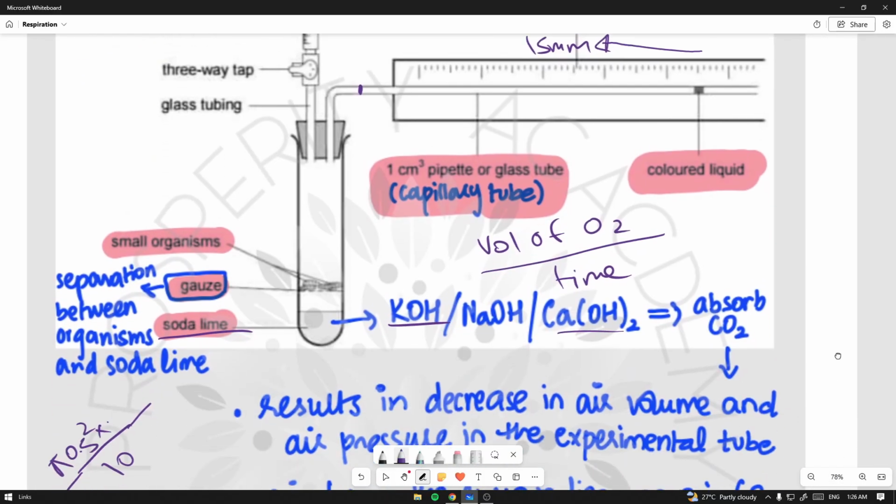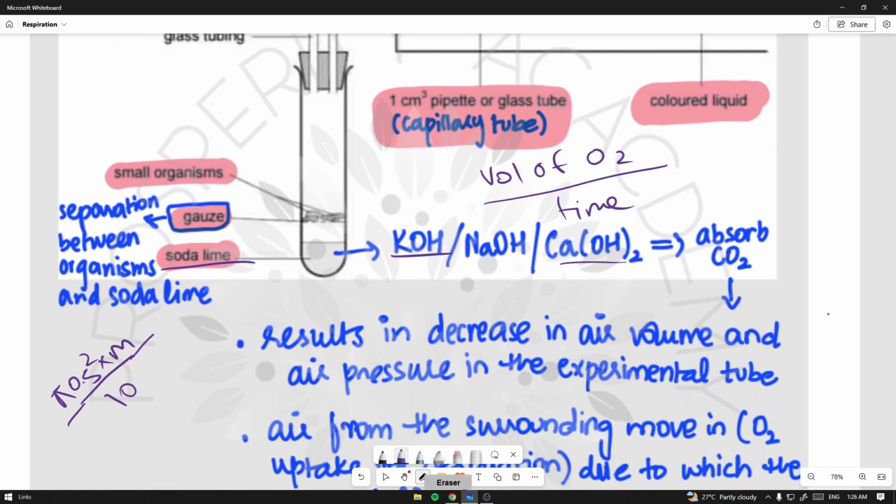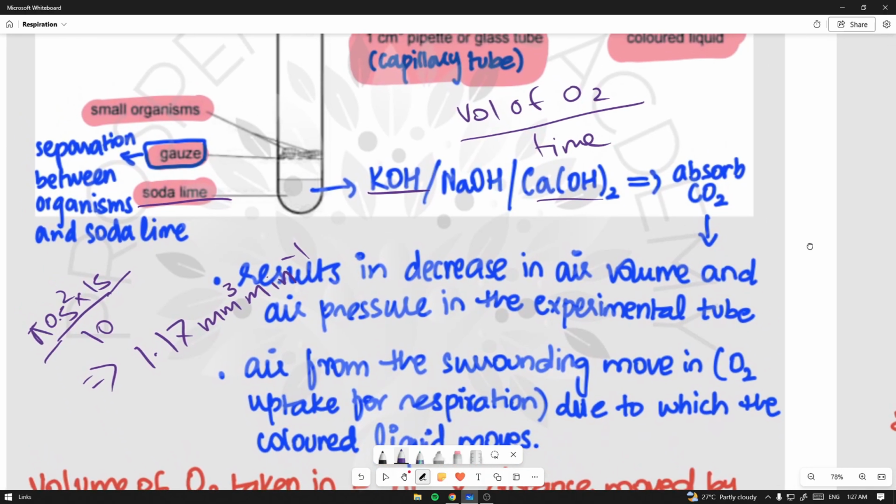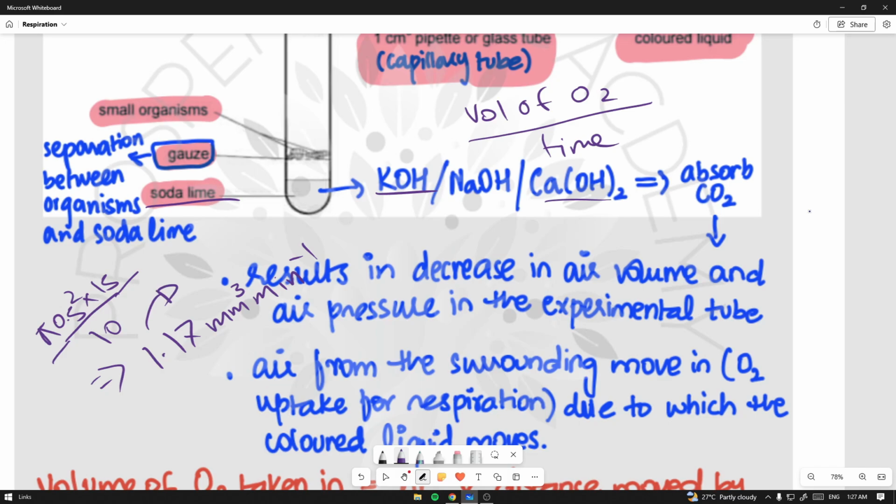This is gonna give you the volume. Let me just do the math. Give me a sec. Pi times 0.5 squared times 15 over 10 gives me 1.2 millimeters cubed per minute. Yes, this is correct. So this is my rate of oxygen intake.